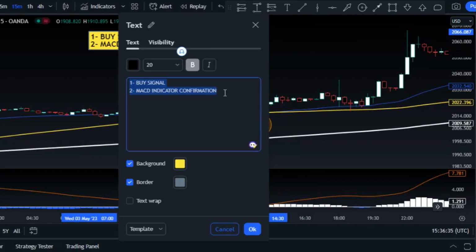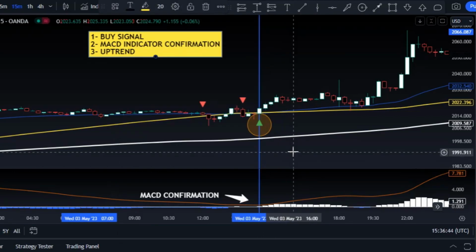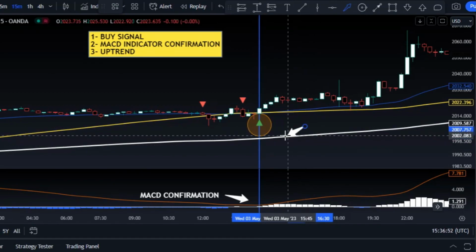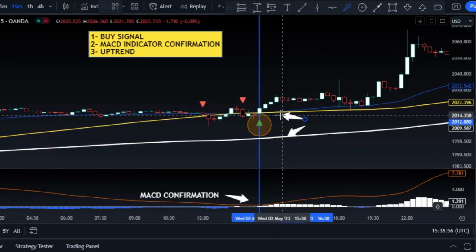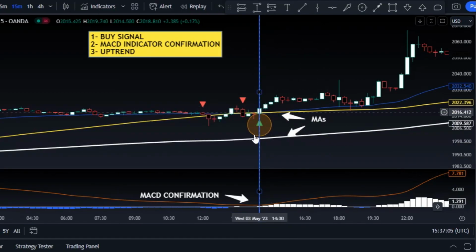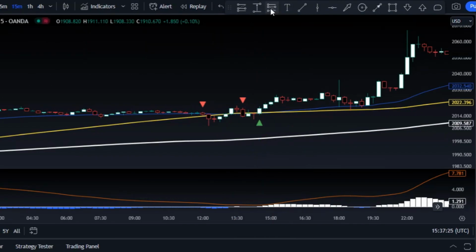Then after MACD confirmation, we must check that the buy signal was issued under uptrend market conditions, meaning the price must be above all three moving averages. So in these circumstances, we can enter the buy trade at the close of the signal candle.